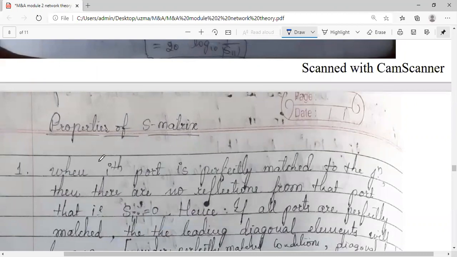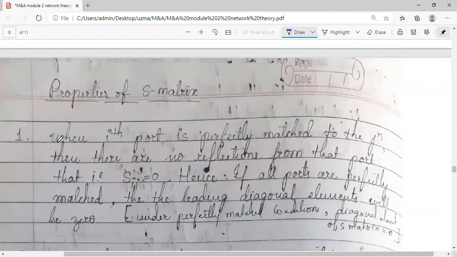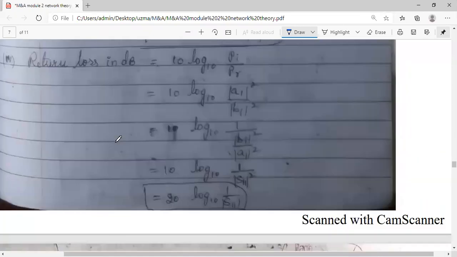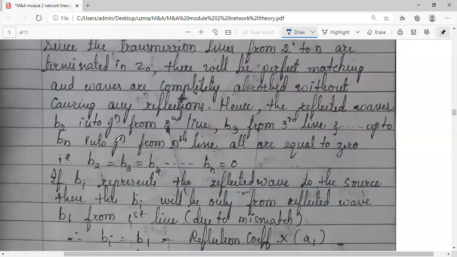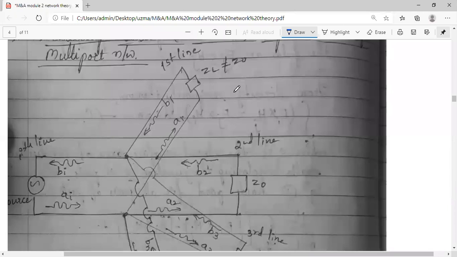Let us start with some basic properties. First one: you might have observed this when there is no reflection. When we were dealing with the multi-port network, when there were no reflections, we had taken the load impedance equal to Z naught. ZL equal to Z naught was the condition for a perfectly matched condition. With that condition, no reflections will come into those pair of ports.